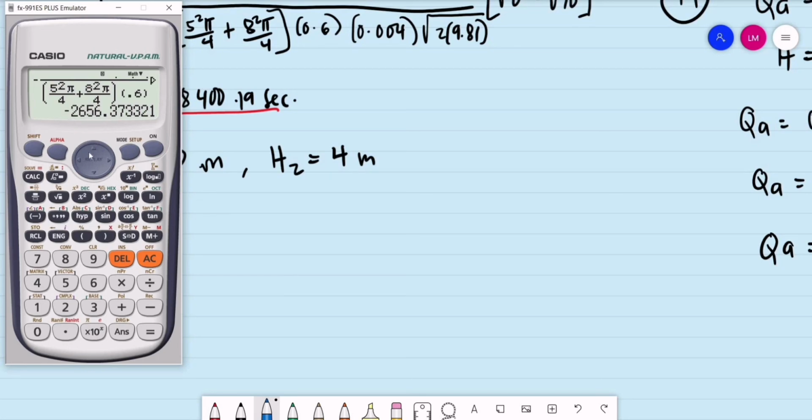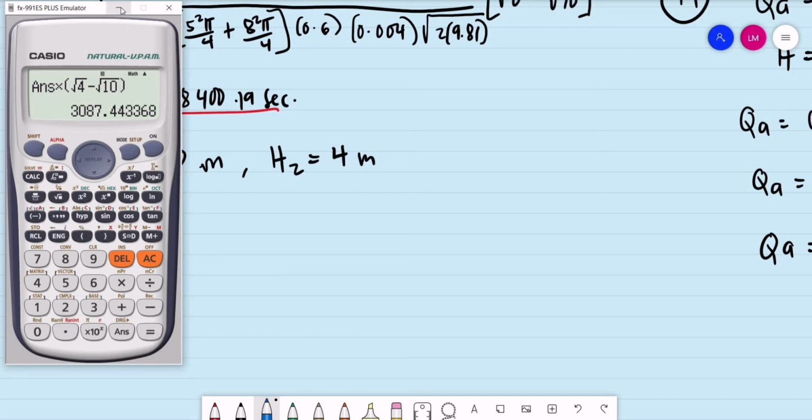So, again, the same property lang naman ito. Yung mga constants natin, diameters, coefficient of discharge, areas, equals, okay yan. I-multiply lang natin sa panibagong square root ng final head is 4. Then, minus, initial head natin, the square root of 10.